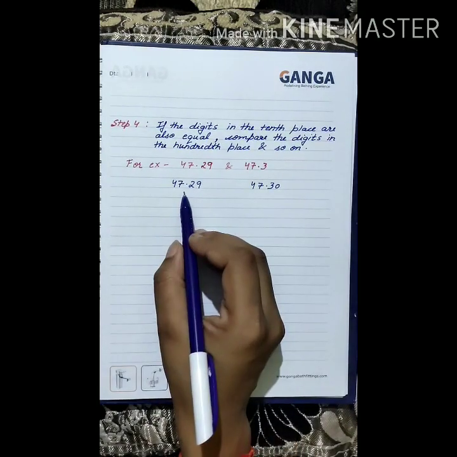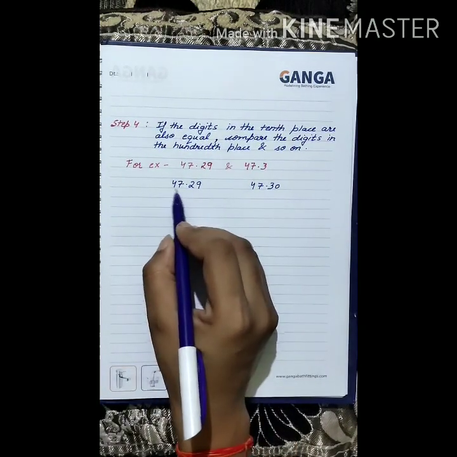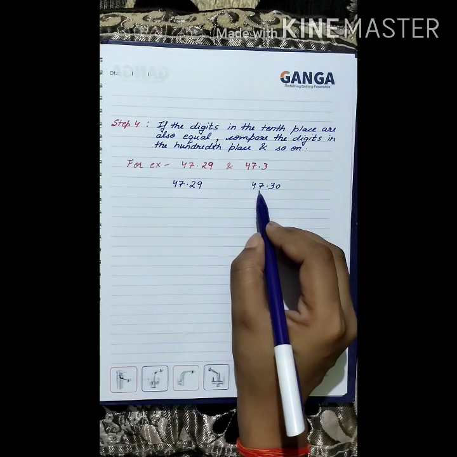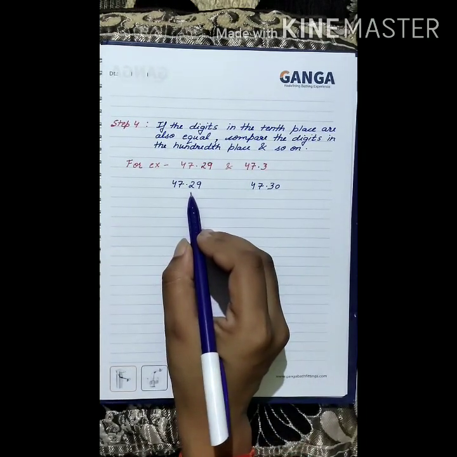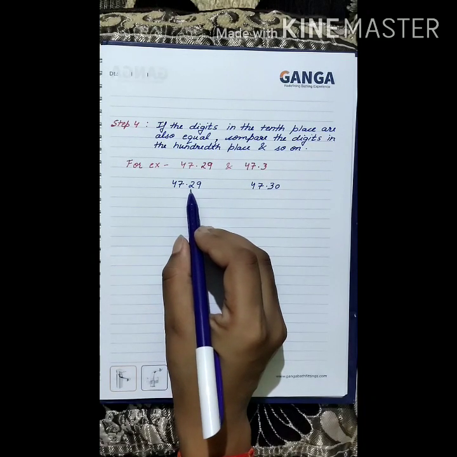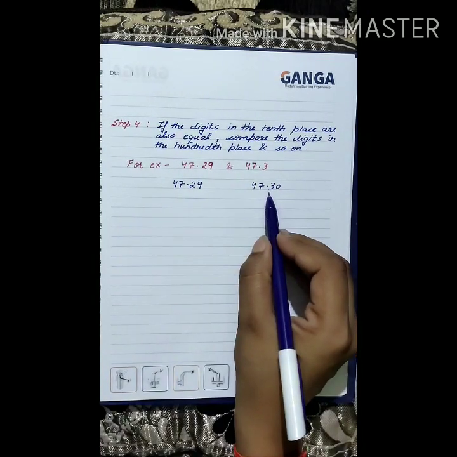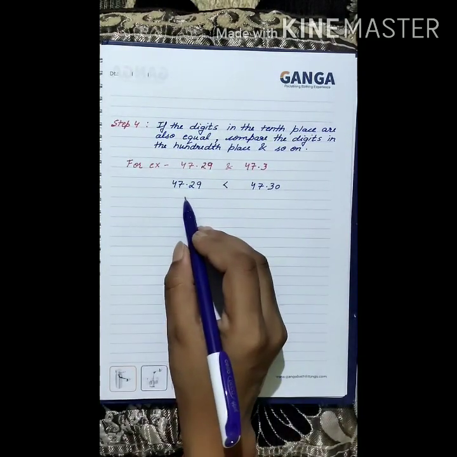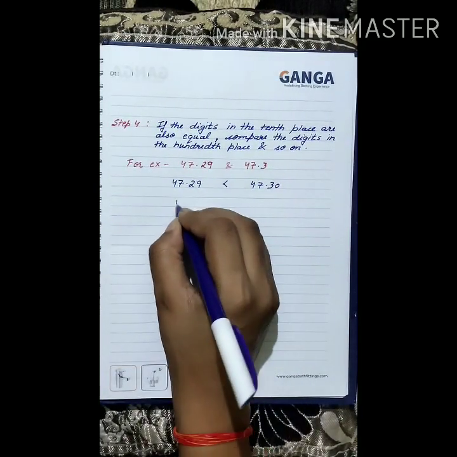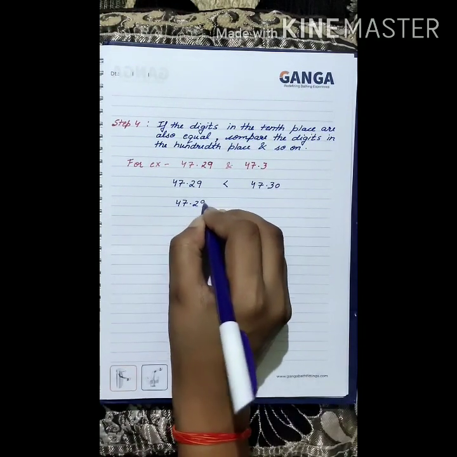Now firstly we will compare the whole numbers. Here we have 47 and in the second decimal number we also have 47, and they are equal. So now we will compare the tenths place digit. Here we have 2 and here we have 3, and we know that 3 is greater than 2. That means 47.30 is greater than 47.29, or we can say that 47.29 is less than 47.3.